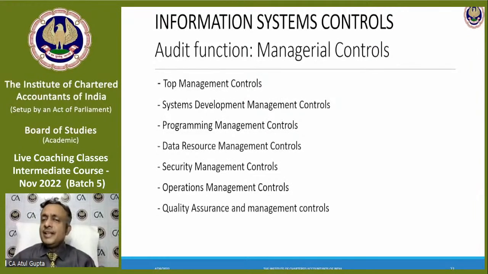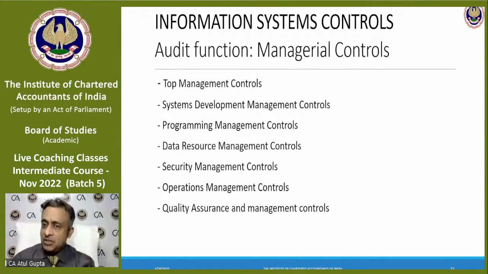Now, what we are basically looking at is that when an organization is created, when you are working in a large organization, you are using systems. So all these parameters have to be built from top to down. So top management has to plan it properly, deliver it, lead it properly.